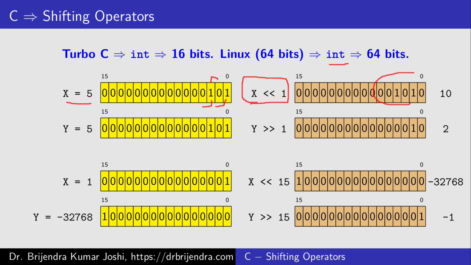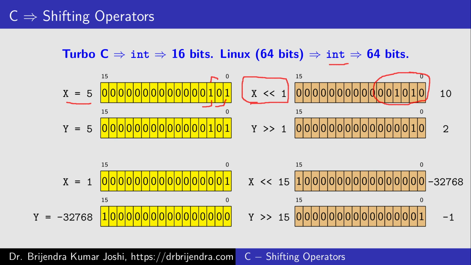You can see, this bit representation is nothing but decimal integer 10. So shifting an integer towards left hand side by 1 bit position multiplies the number by 2. If you shift it towards left hand side by 2, it will be multiplied by 4. So every single bit position shift towards left hand side makes the number double.